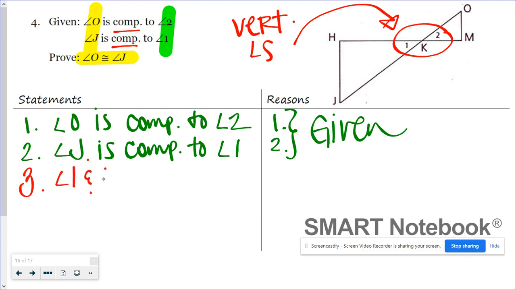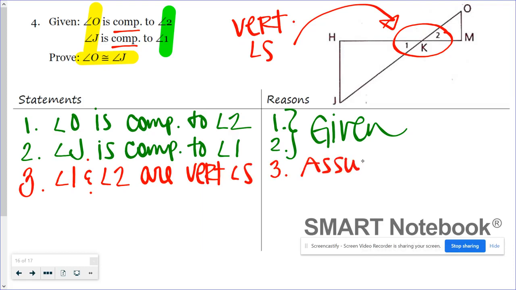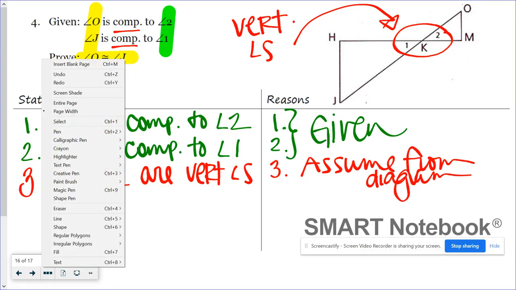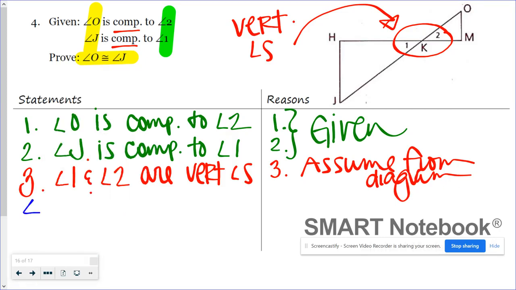So angle 1 and angle 2 are vertical angles. And that, once again, is something that we can assume from the diagram. And then we can immediately say that they are congruent to each other. So angle 1 is congruent to angle 2 because vertical angles are congruent.